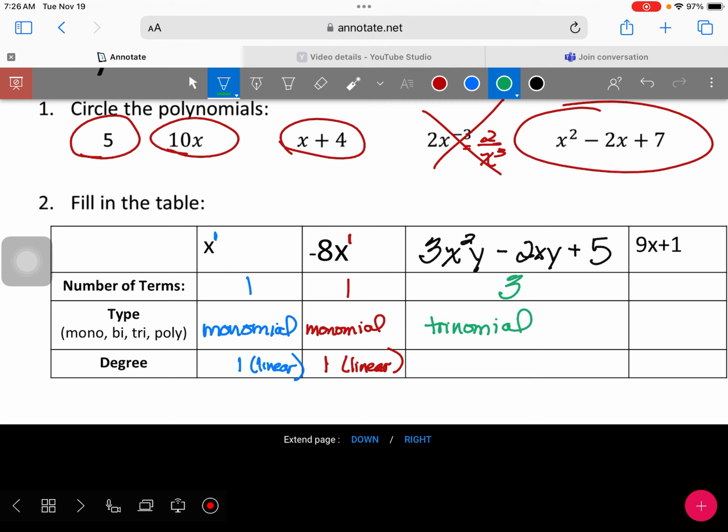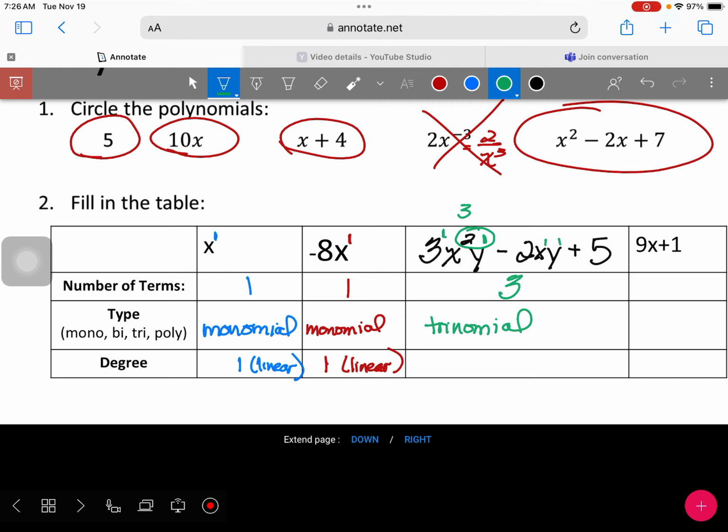Where do I need to look? Doesn't have to be the first one. What is the degree of this first term, though? The degree, you need to add together all the exponents on the variables only. So this has a degree of 3.